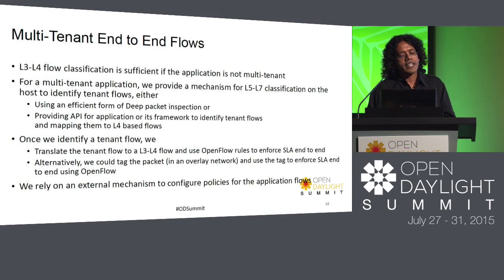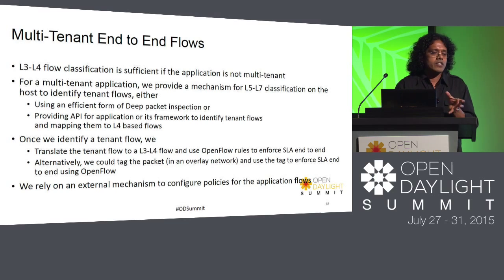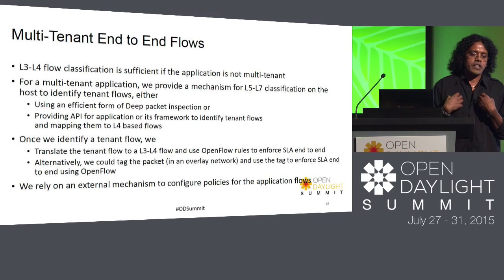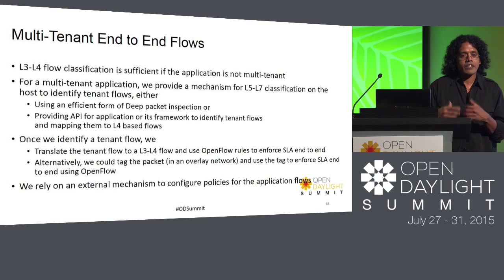So layer 3 flow classification is not good enough for us. Specifically with the database application, we use the resource manager associated with the application to tell us what kind of flows are being created as a result of clients connecting to the tenants.